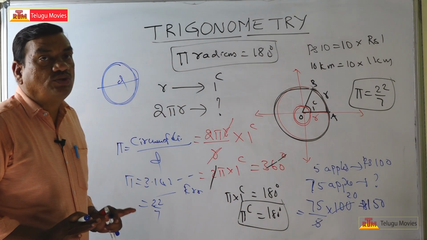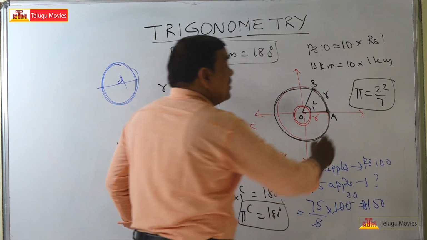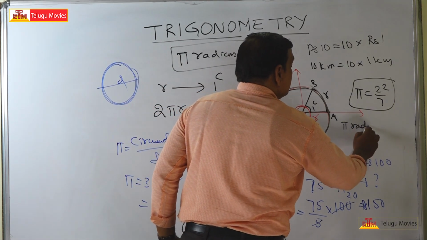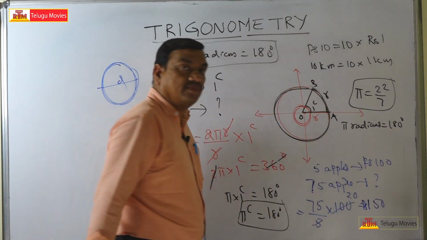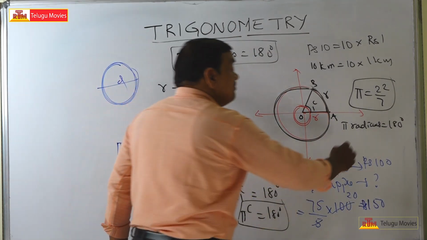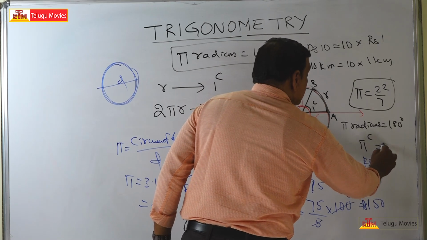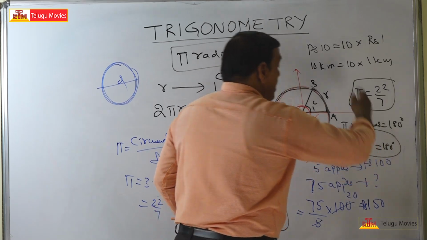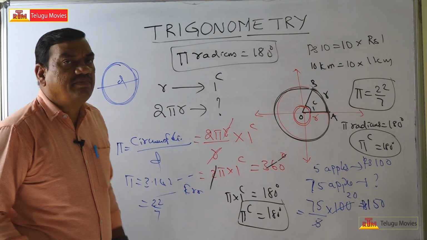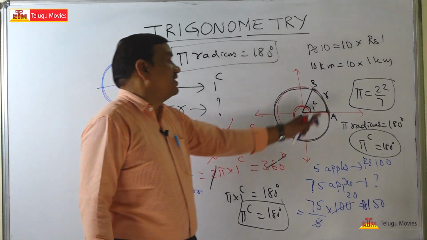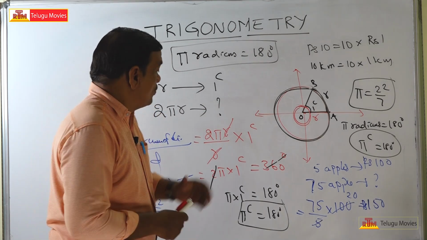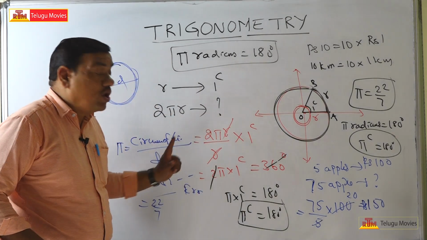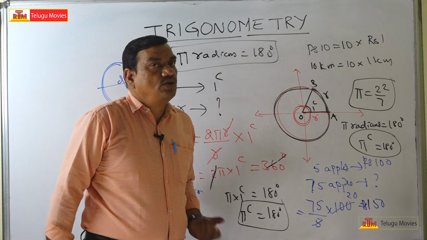If they write pi radians, pi radians means 180 degrees. Otherwise, there is a symbol with pi on the head, where they will write C. C means circular measure. We call it circular measure or radian measure. So this is the procedure by which you get pi radians equal to 180 degrees.